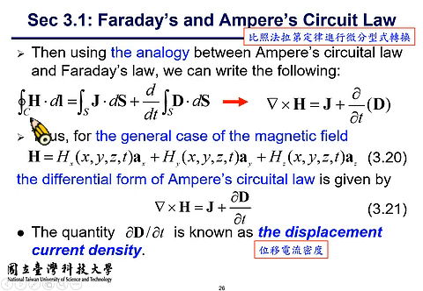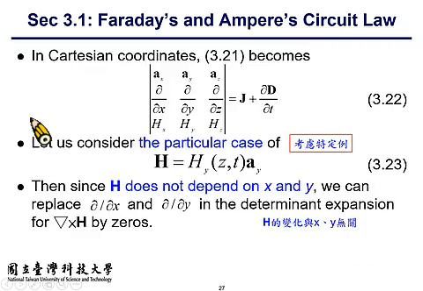And with this analogy, it can be found quite symmetric for the Faraday's law and Ampere circuital law. All right? So in Cartesian coordinate system, equation 3.21 can be expressed as equation 3.22 like this, in determinant form, which is easier to operate.